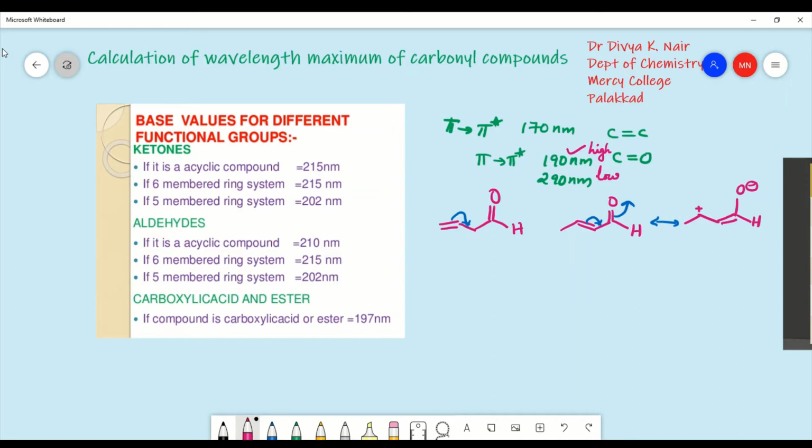So this is what is meant by conjugation. If a double bond is conjugated with a carbonyl compound, the conjugation brings about bathochromic shifts to both the bands.